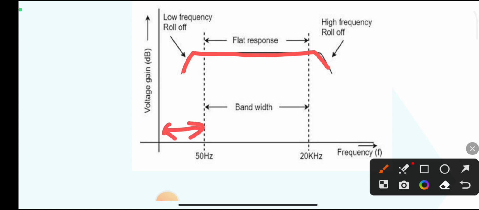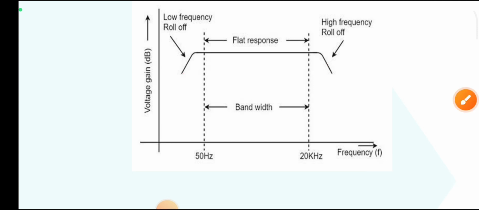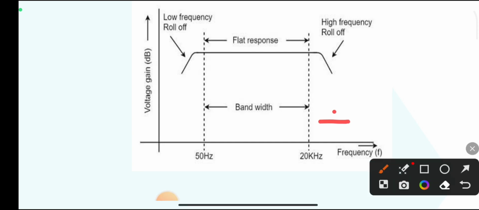At lower frequency, the gain is low, but as the frequency increases, the gain also increases. Next, at higher frequency, in this region, as the frequency increases, the gain decreases.